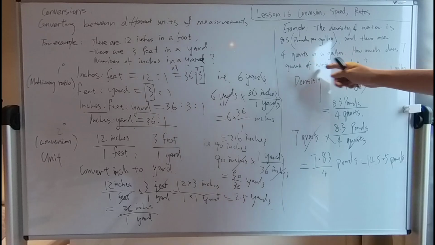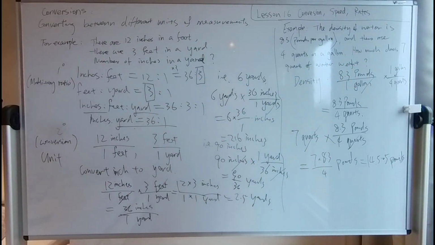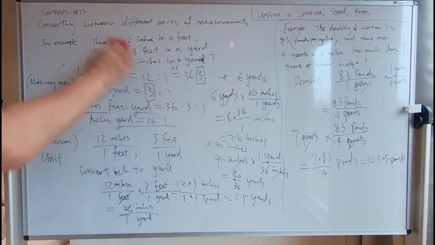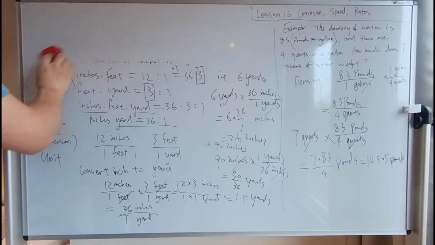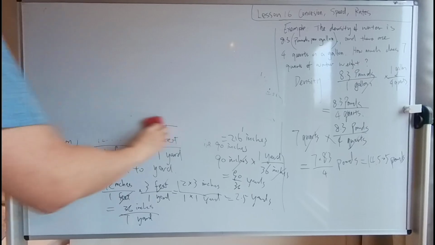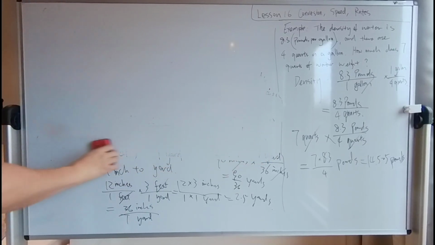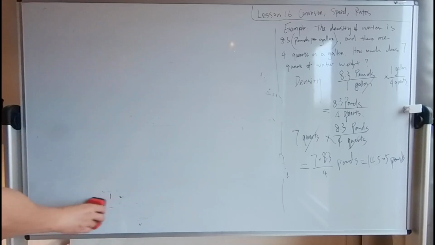So 7 quarts of the water weighs 14.525 pounds. So this is the unit conversion.